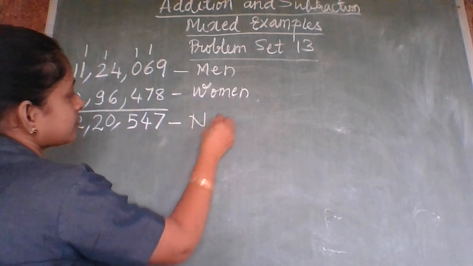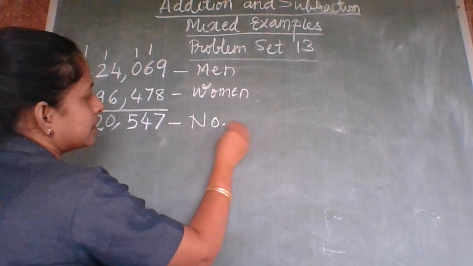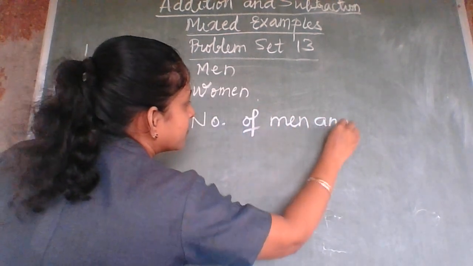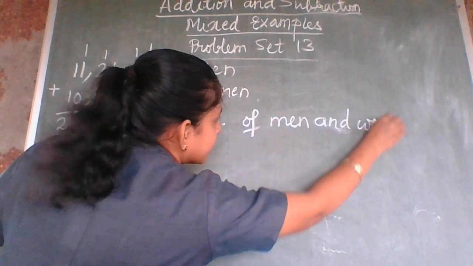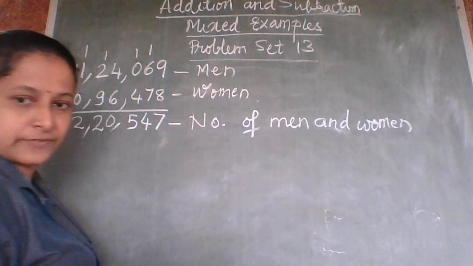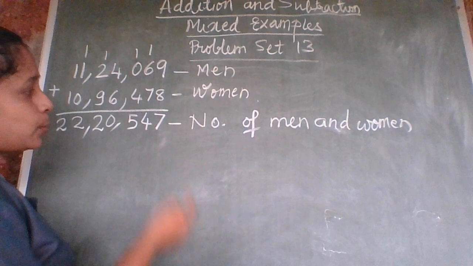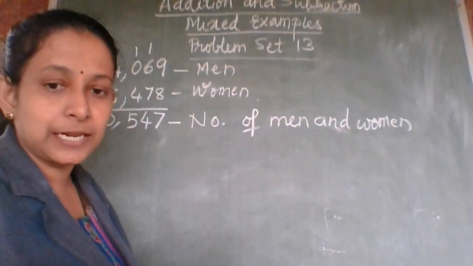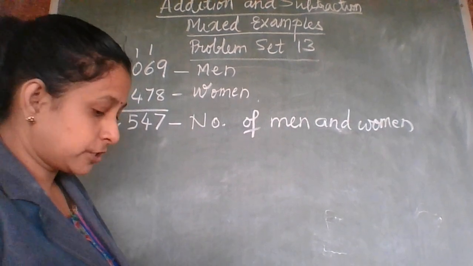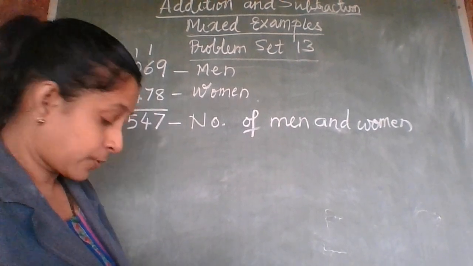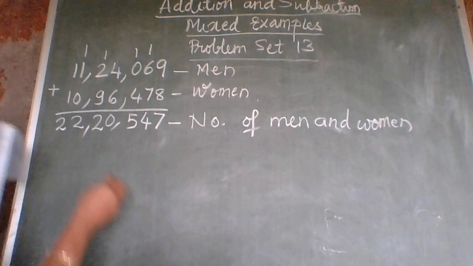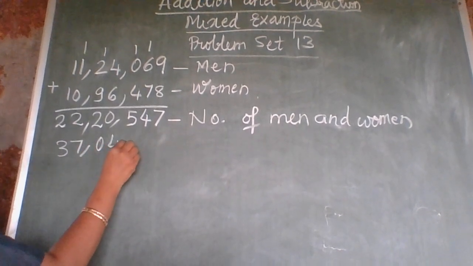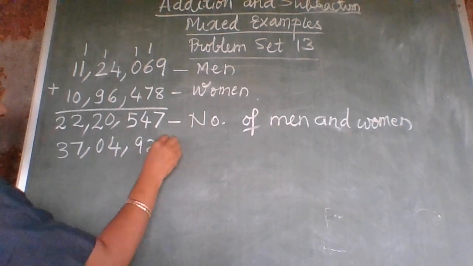So let's write this. These were the number of men and women together. Now we have to subtract this number from the total population. So the total population of the city was 37 lakh 4,926.